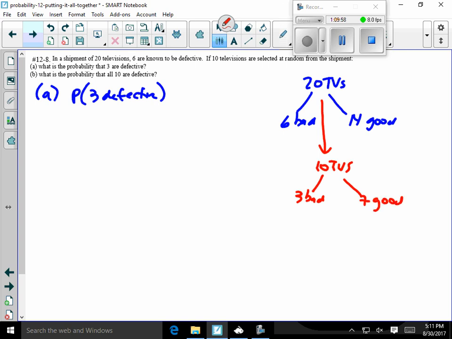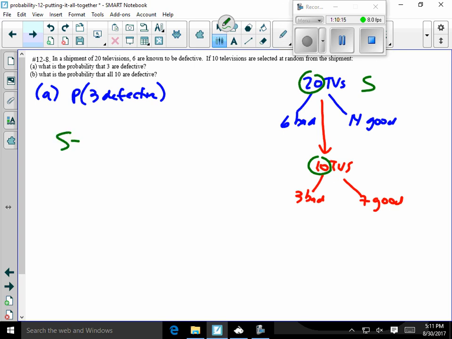All right, so the way I'm going to count this is if I disregard the 3 defective rule and just say I'm going to select the 10 TVs, right? This selection here, 10 out of 20, that defines the sample space, right?